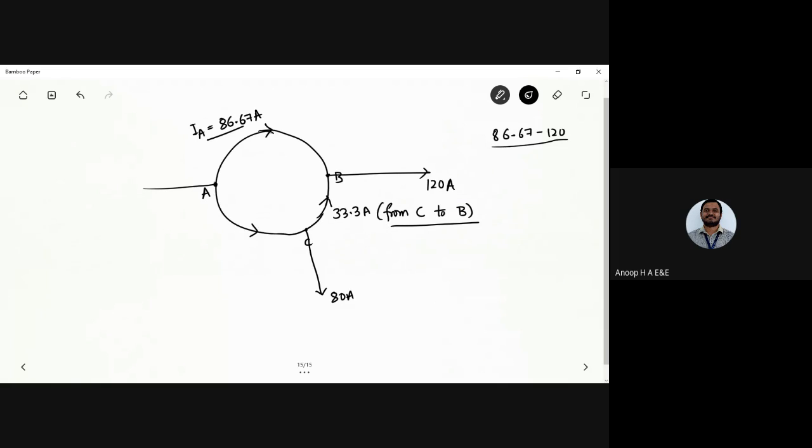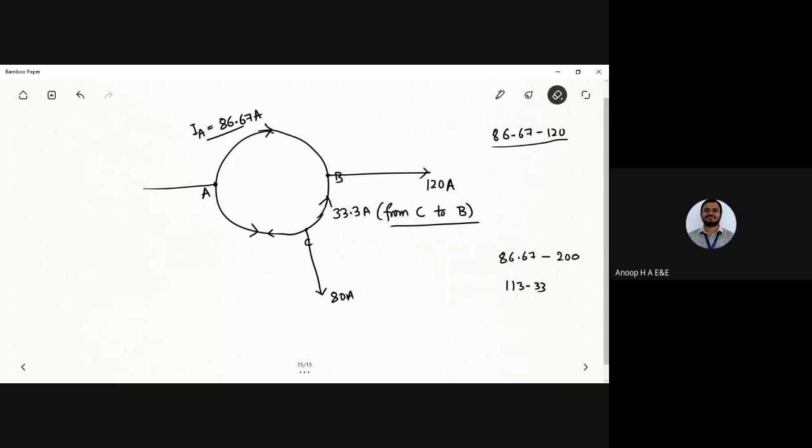Now, the next section. You can think in such a way that 33.33 amperes of current is flowing through it. What is the current here? That is already taken as IA minus 200. 86.67 minus 200 is minus 113.33.